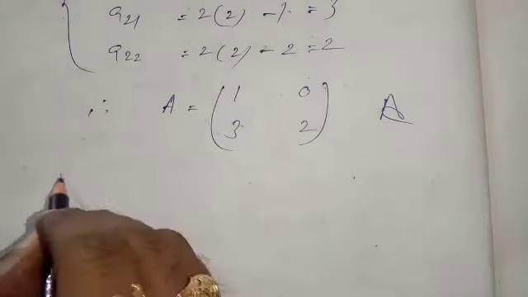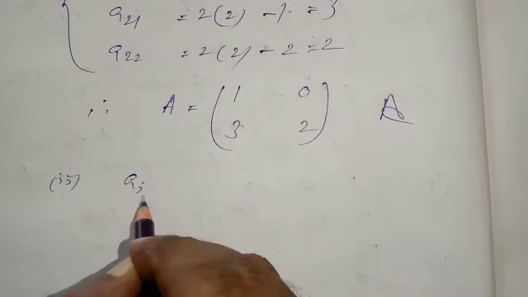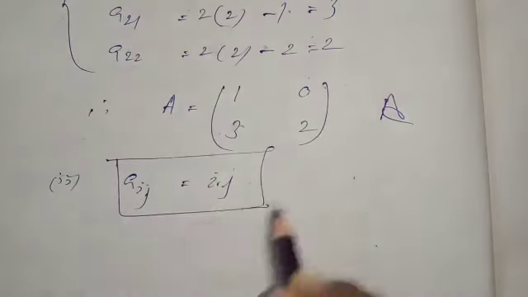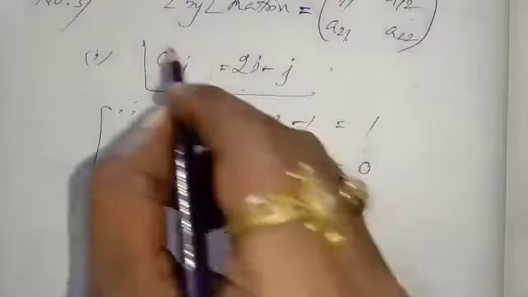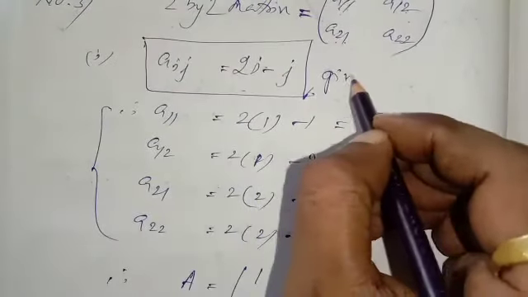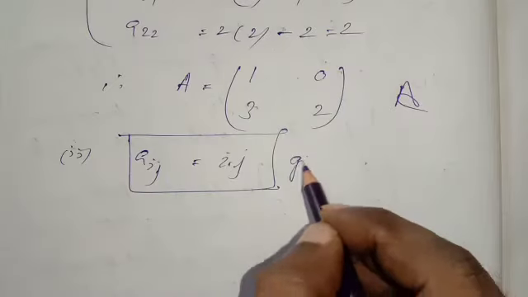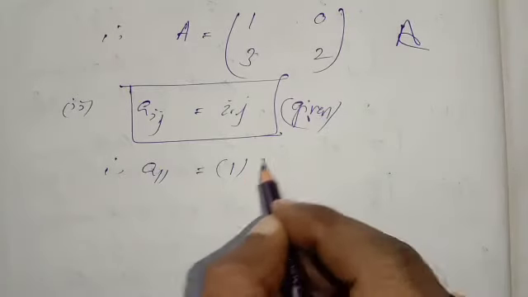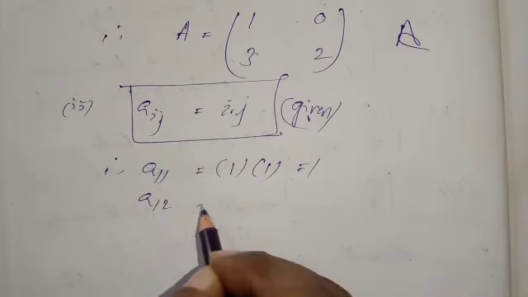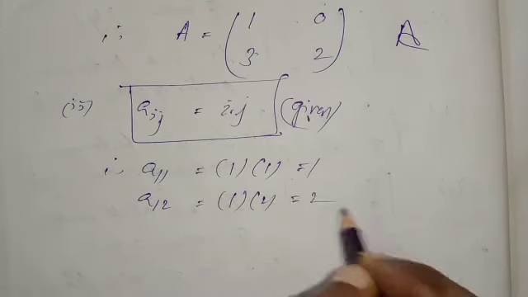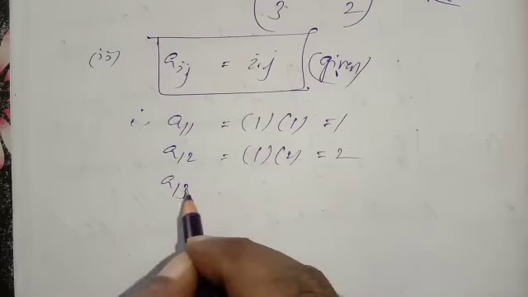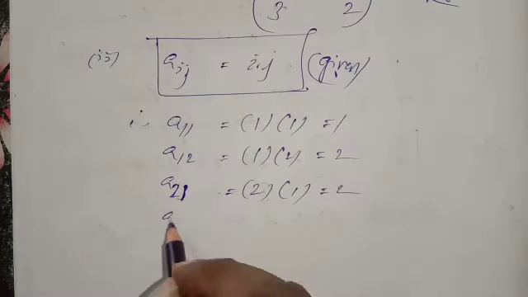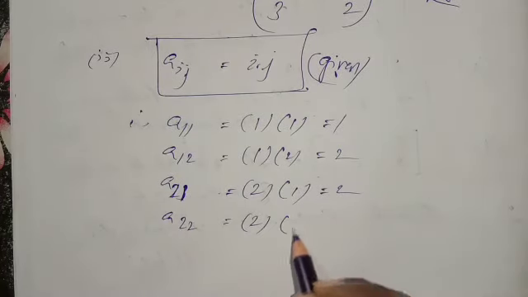For the second part, the condition given is a_ij equals i into j. Therefore, a11 will be 1 into 1, which is 1. a12 will be 1 into 2, which is equal to 2. a21 means 2 into 1, that is 2, and a22 will be 2 into 2, 4.